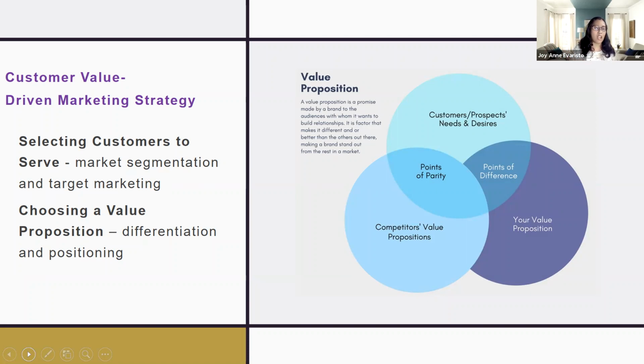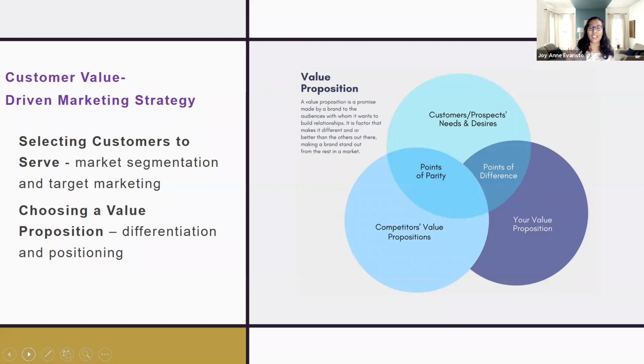All right, next. Another thing you need to understand about customer value-driven marketing strategy is two steps. First, we need to select the customers to serve, and second, we need to choose a value proposition. First we need to do market segmentation. I think some of you know what market segmentation is.